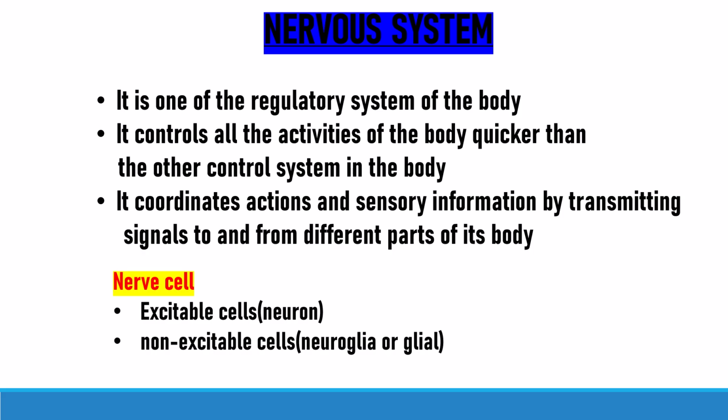It is known as neuroglia or glial cells. They cannot produce the action potential. The main function of the neuroglia is protection and support to the neuron. The other functions are myelin formation, waste removal, and immune defense.